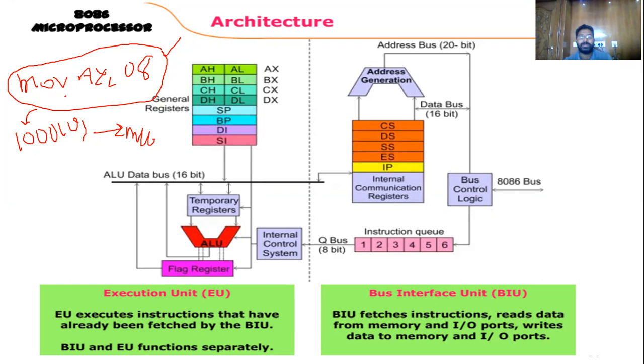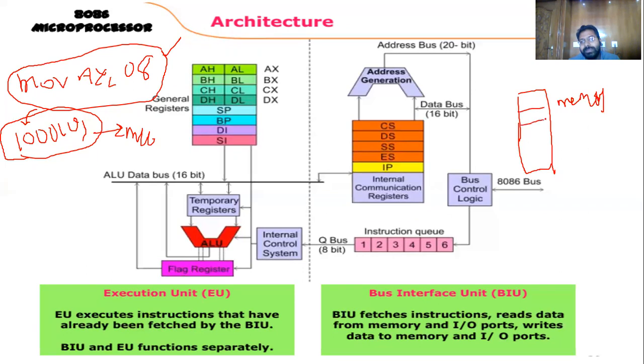Like this, the microprocessor has an assembler that can convert these mnemonics to machine level language. Where are these machine codes stored? They are available in the memory.